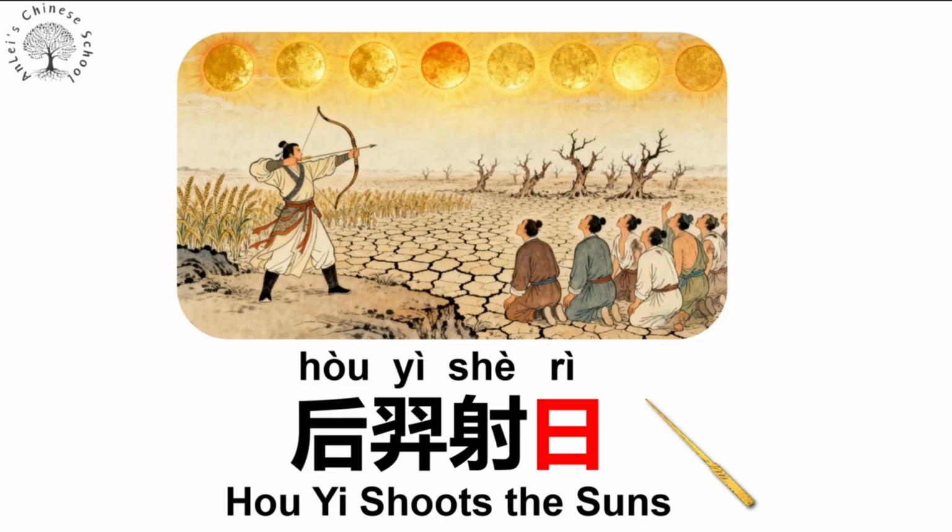Hou Yi took his bow and arrows and shot down 9 of the 10 suns in succession. Just as he was about to shoot the 10th sun, people stopped him, saying, "Leave one sun, we can survive." Then Hou Yi put down his bow. From then on, the only remaining sun rose and set on time. People returned to a peaceful life, and Hou Yi became a hero who saved the world.